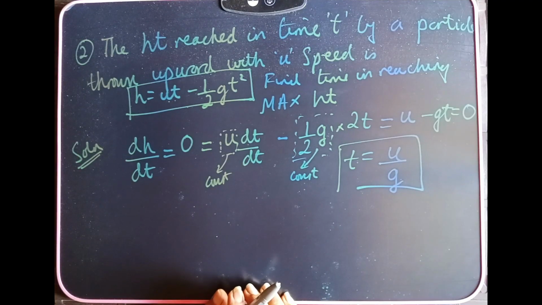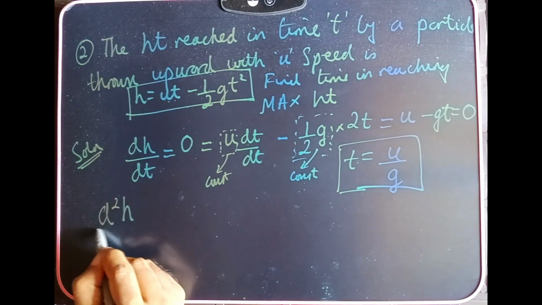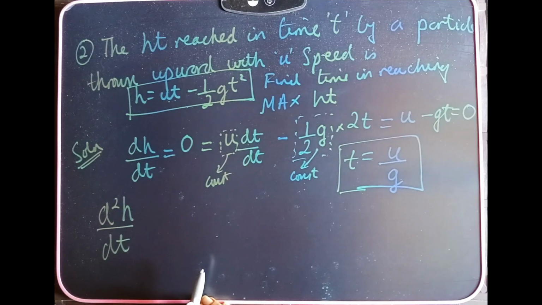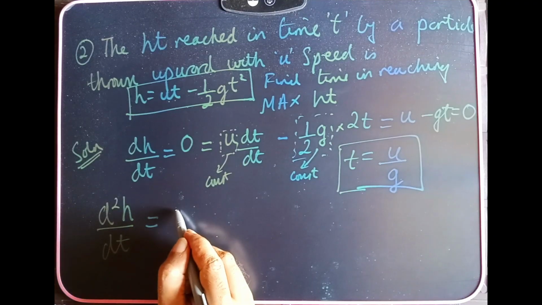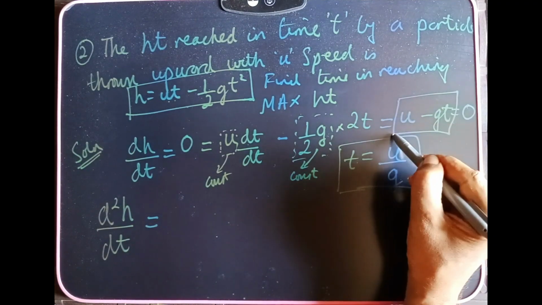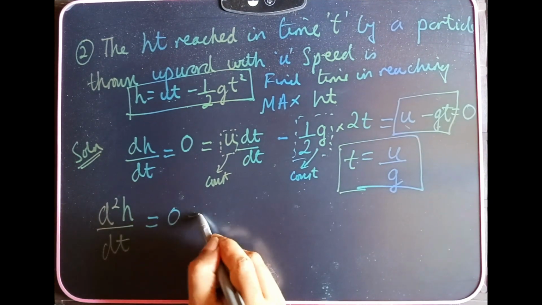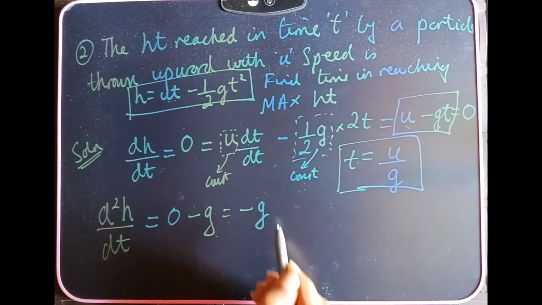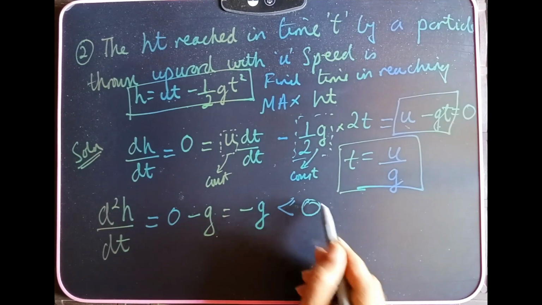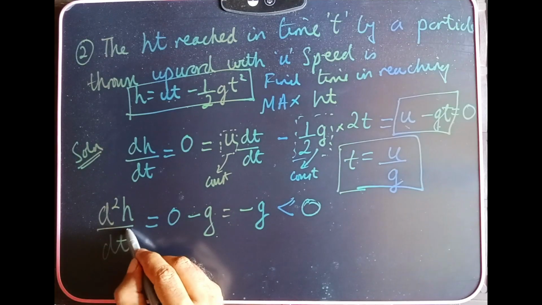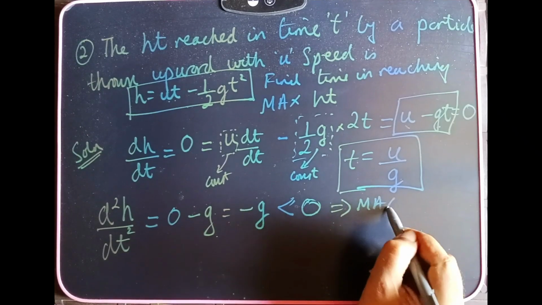Now for maxima, we will take the double differentiation of dh by dt, right? What is the double differentiation? It will be the derivative of this function. This is the first derivative, right? So the constant becomes 0 minus g. It becomes minus g, and this minus g is less than 0. So when it is less than 0, it is maximum.